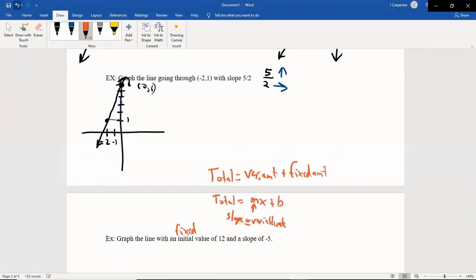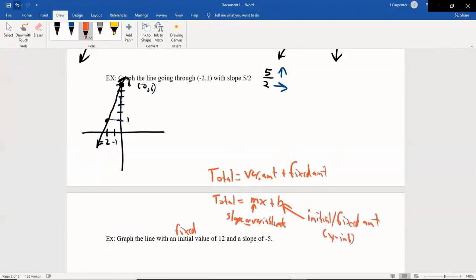And by variable rate, I mean the thing that has a per in it, like our tickets cost $2 per ticket. And then the b, that's the fixed or initial amount, also known as the y-intercept.